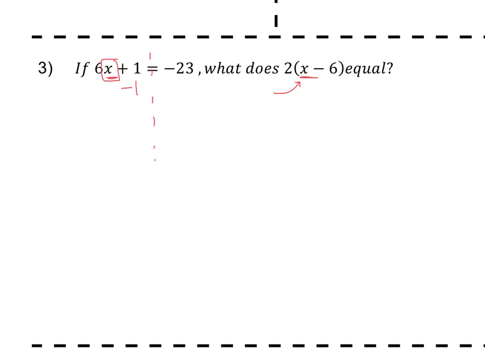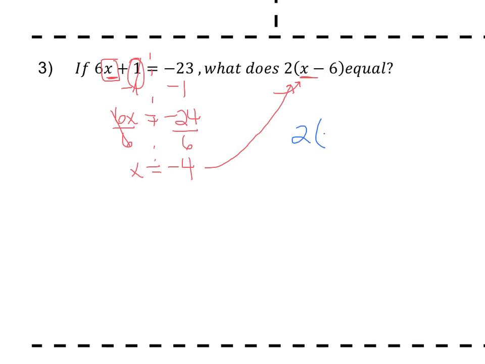So we've got plus 1, so we're going to subtract 1 from both sides. That gives us 0. So then we have 6x equals negative 24. And if we divide both sides by 6, we get x equals negative 4. Okay, well now we want to plug that in right here for x. So we've got 2 parentheses.